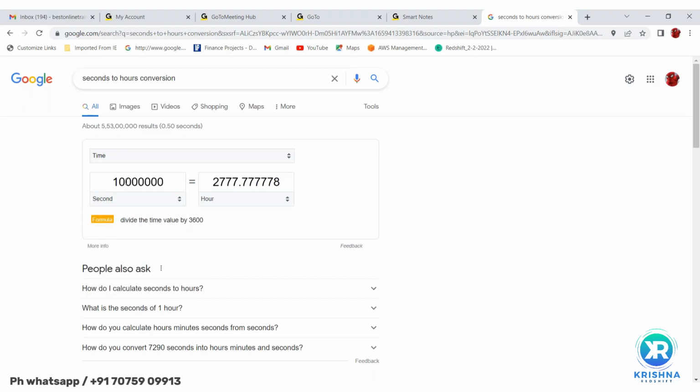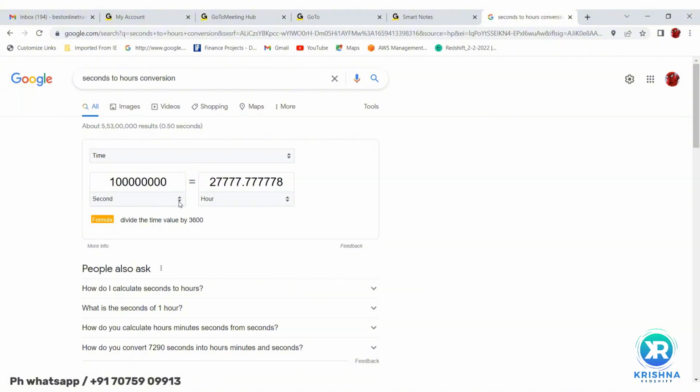You know what a million is? This is 10 million; put a comma for every 3 digits. After 6 zeros, it's a million, so 100 million means this much time, and these many hours.